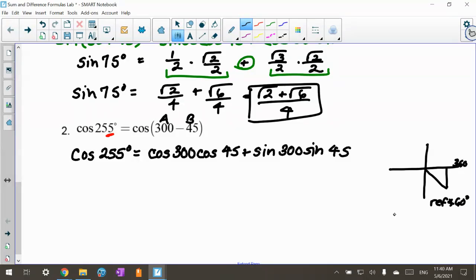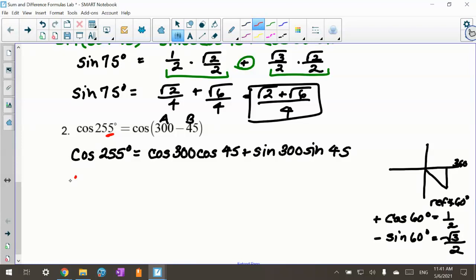So when I do the cosine of 60 degrees in that quadrant, cosine's positive, okay? And I know the cosine of 60 is a half. And the sine of 60 in that quadrant, I know sine is negative, and the sine of 60 is going to be then negative radical 3 over 2. So I use these reference angles. So everywhere I see 300, I'm going to use these values, okay?